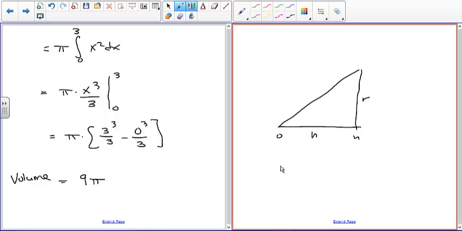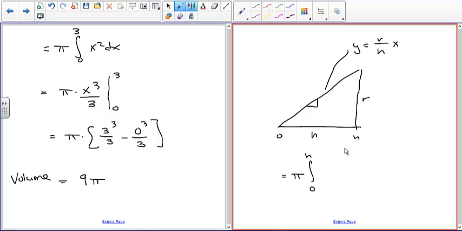So what you would end up with in this case is pi times the integral from 0 to h. But there's this relationship between h and r. What is it? Oh, yeah. If you look at the equation of this line here, y equals the slope, and the slope of this line is going to be equal to rise over run, times x.